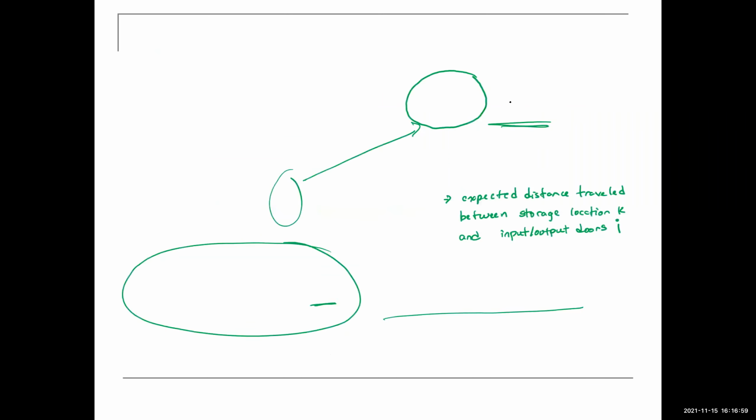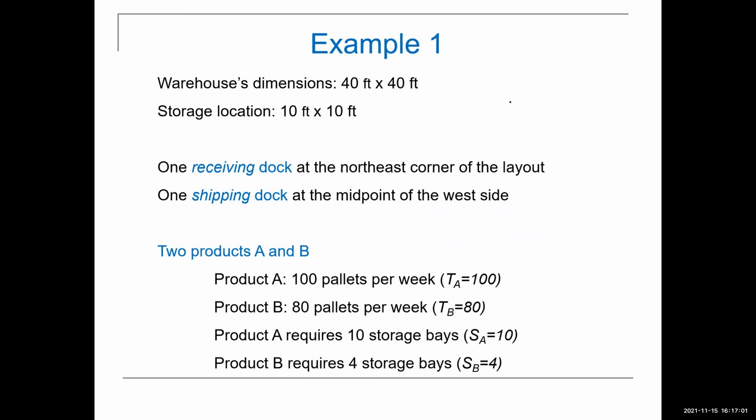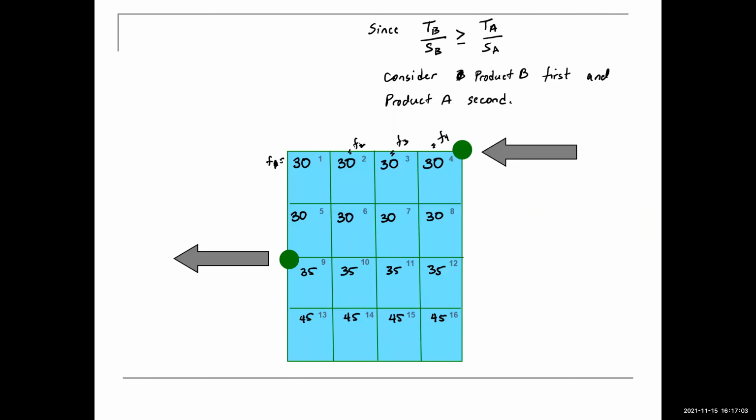Once we have all this, these are like weighted distances, and we know that B moves more frequently than A, so we want to put B in those locations where the distances are smaller. And we want to place those first, right?